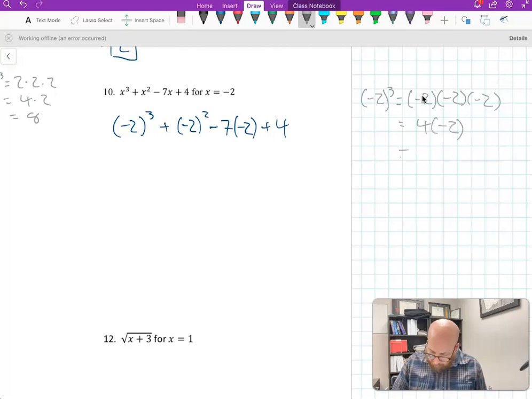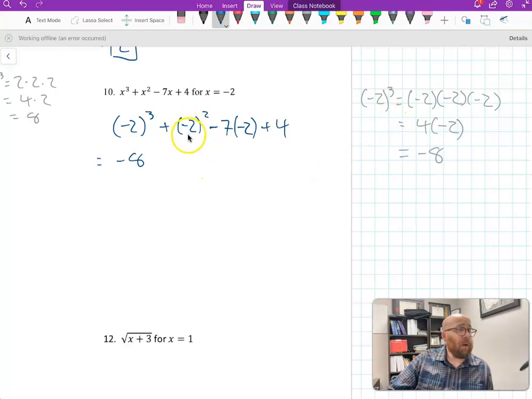And 4 times a negative 2 is a negative 8. So we have negative 8. Negative 2 squared is 4, so that's plus 4.